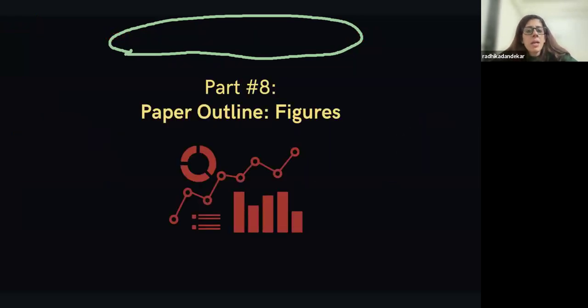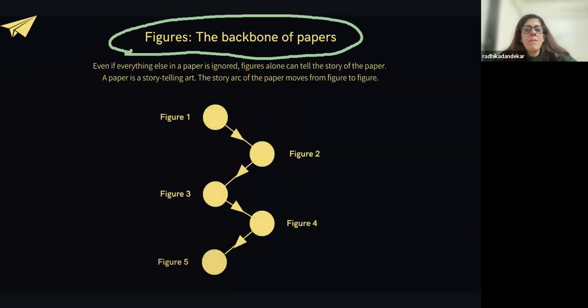The next part that we are going to talk about is the figures. Figures are the backbone of papers, because visual representation of anything is so much better than reading text. Whenever a reviewer is looking at your paper, they will first look at the figures, because a visual interpretation usually catches the attention very quickly.